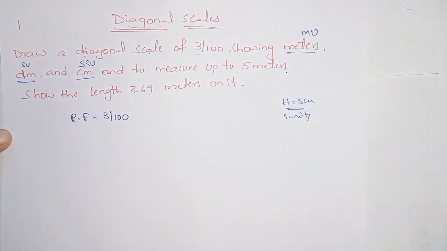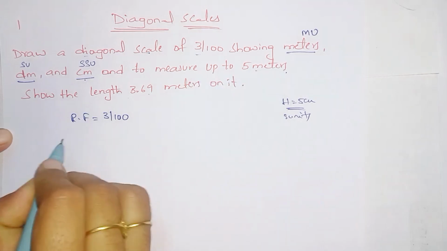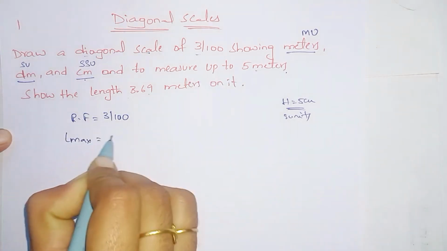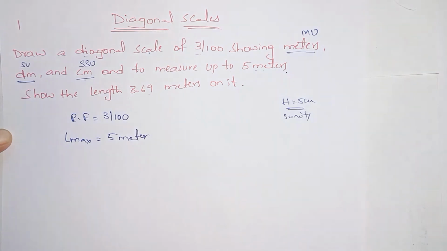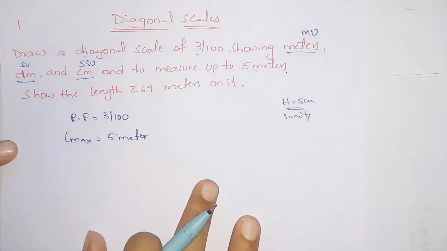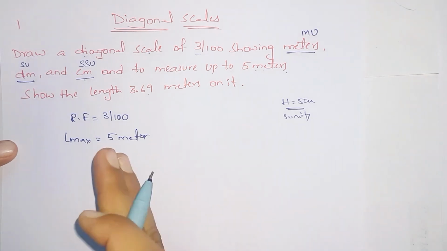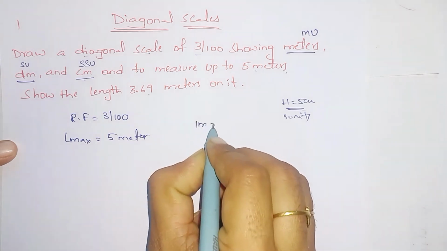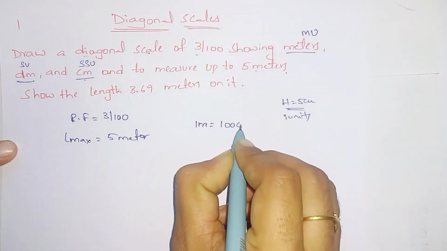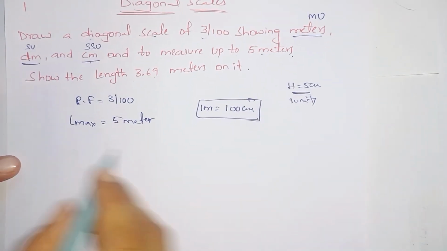To measure up to 5 meters, L max is equal to 5 meters. In our scale we use only centimeters, so we have to convert meters to centimeters, then it is easy to construct the diagonal scale. 1 meter is equal to 100 centimeters.